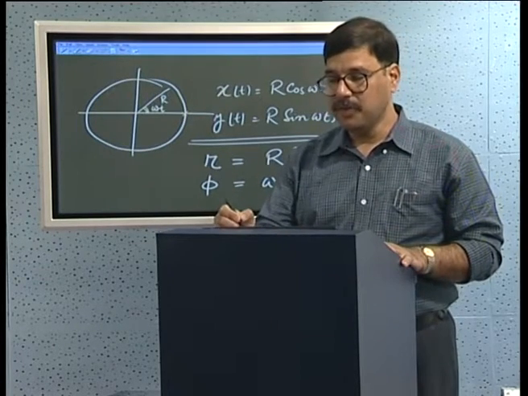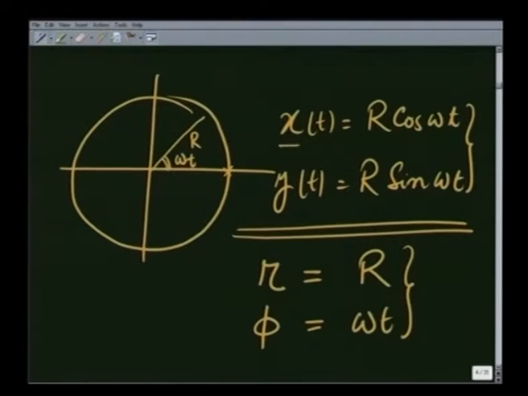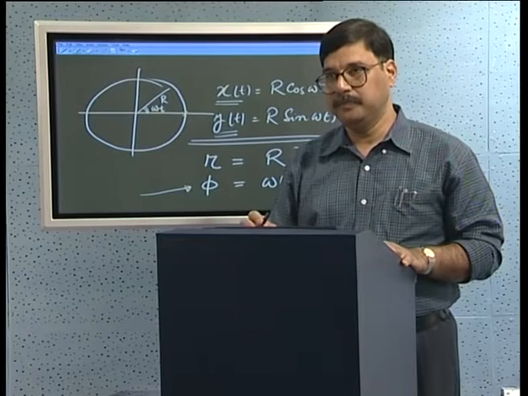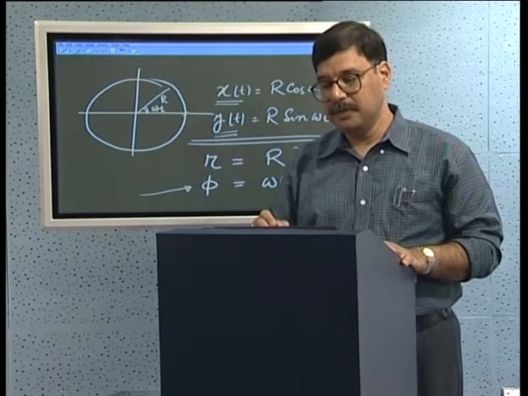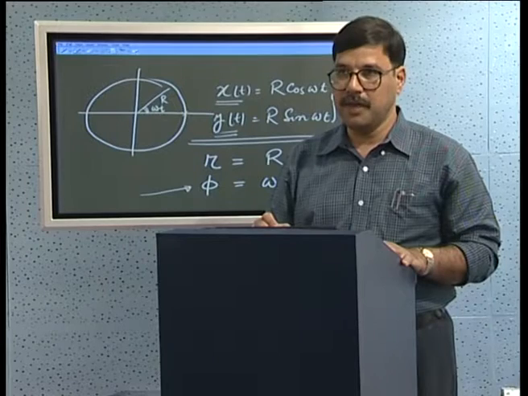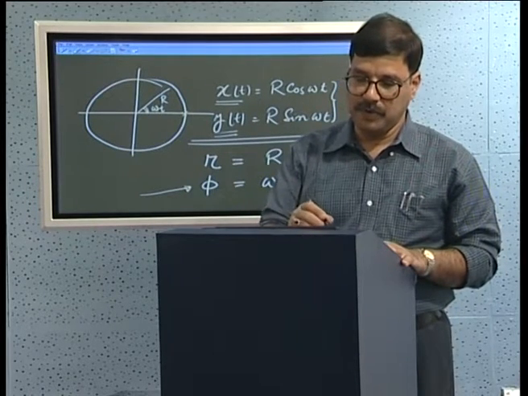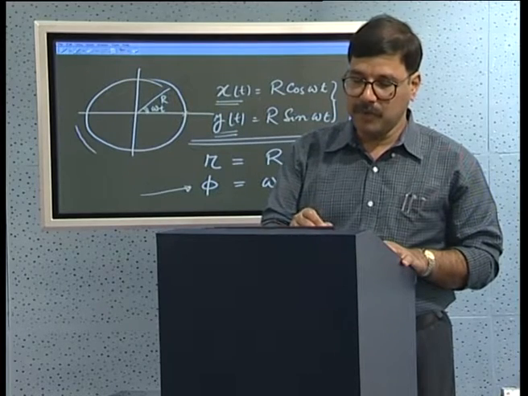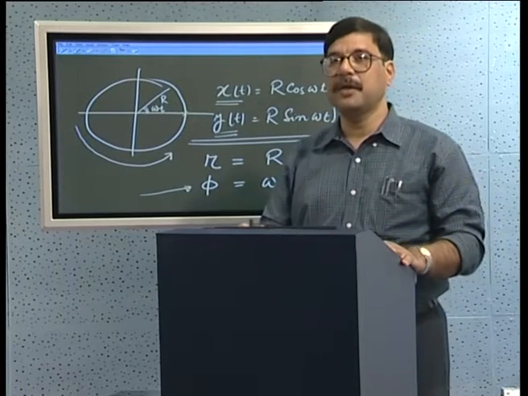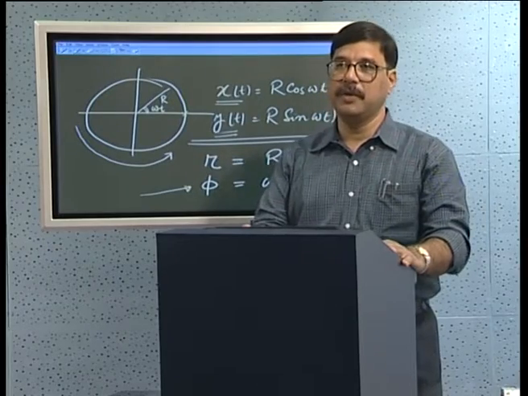In this case, both x and y are functions of time, whereas in this case only phi is a function of time. So, that effectively the change of coordinate with time is in only one coordinate. This is known as planar polar coordinate system, and we are going to explore it further. As you can well imagine, this is the most useful system when a particle is making rotatory motion or moving around in a circular manner.